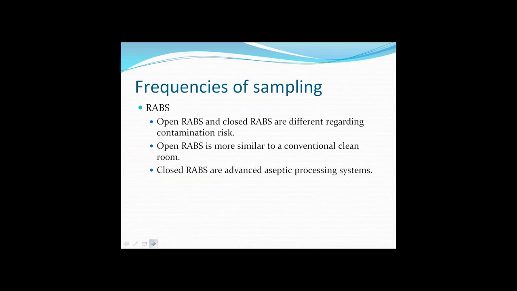That's the UDF device within the clean room, where there's a degree of direct operator intervention. But with the closed RABS, we're moving to something that's almost an isolator, and this should be at a higher frequency, and we should expect lower contamination rates due to there being less personnel activity.